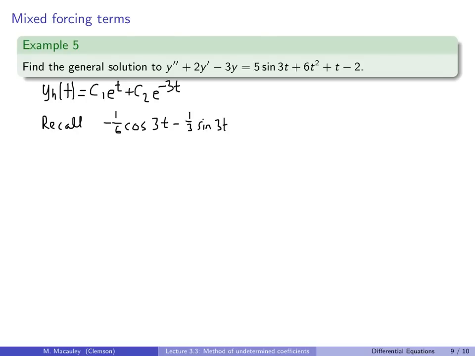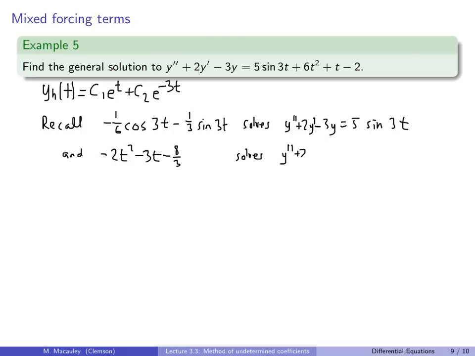Recall that this function solves this ODE, y double prime plus 2y prime minus 3y equals 5 sine of 3t, and recall that this polynomial, negative 2t squared minus 3t minus 8/3, solves this ODE, y double prime plus 2y prime minus 3y equals 6t squared plus t minus 2.